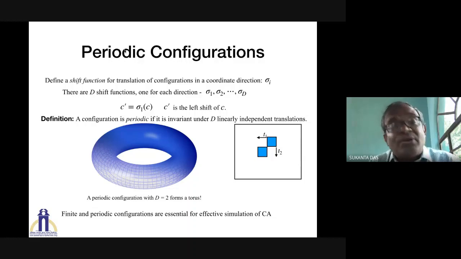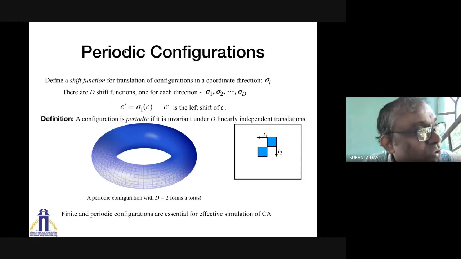But CA is defined over an infinite grid. Therefore, we should deal with either finite configurations, whose size is finite, or periodic configurations. A periodic configuration is again infinite, but a small part is repeated, so by starting from a small part, I can get an idea of the whole one. So these two are important.